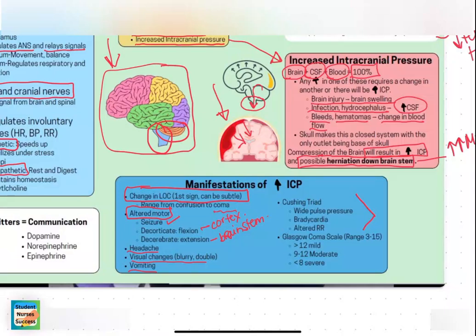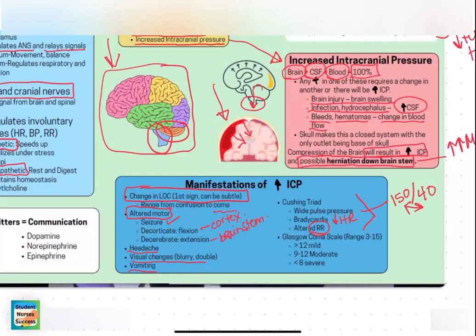Cushing's triad is a widening of the pulse pressure. So we'll see maybe a blood pressure that's kind of bizarre looking, like maybe 150 over something like 40. And so you see this really wide pulse pressure difference between the two. You'll see a decrease in the heart rate, bradycardia, and an alteration in the respiratory rate.